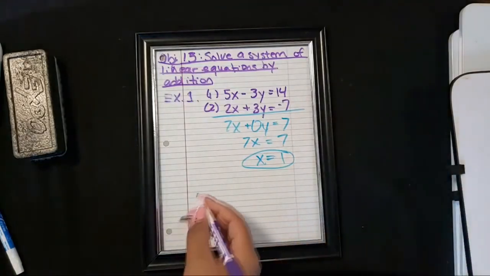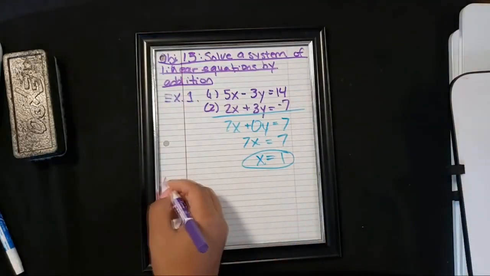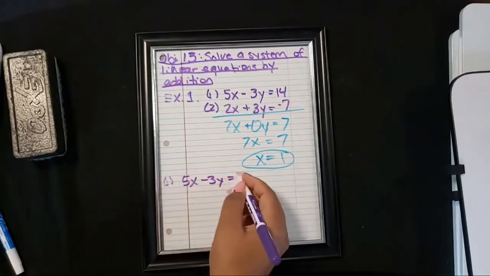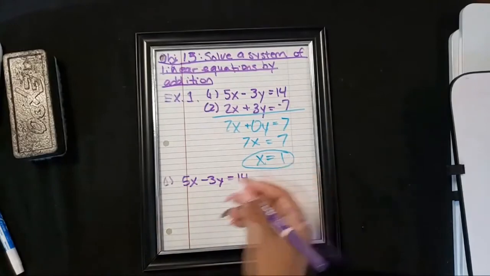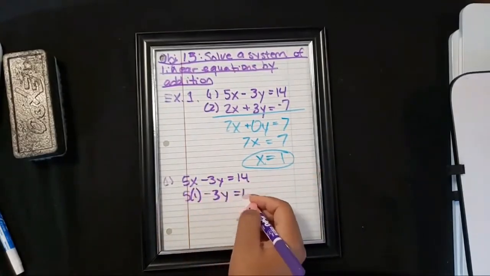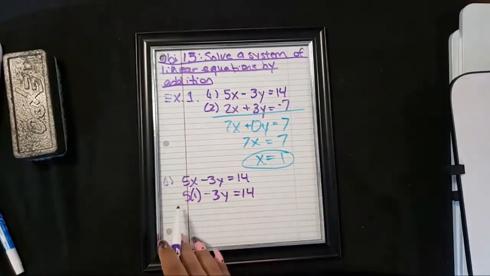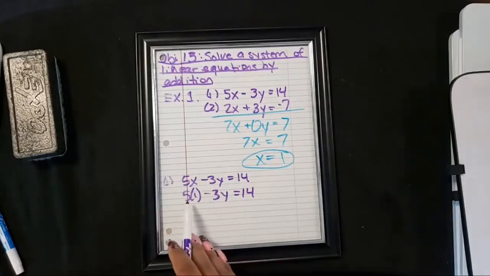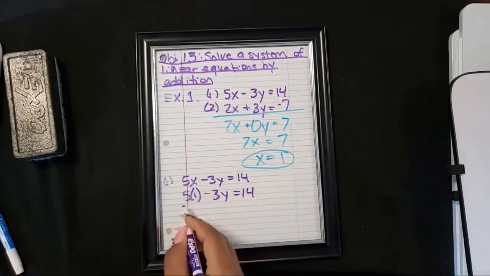So I'm going to plug it into our first equation, which is 5x minus 3y equals 14. And x is 1, so I'm just going to plug that in for x. 5 times 1 is just 5, and I'm going to subtract 5 from both sides.